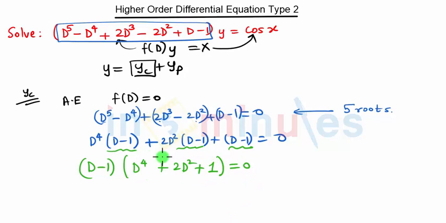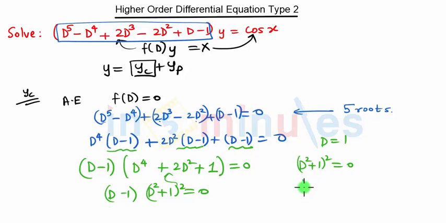So if you observe, this part is nothing but D square plus 1 the whole square. You can expand this, then you will get this term only, and D minus 1 equal to 0. So our one root is D equal to 1 and another root will be from D square plus 1 the whole square equal to 0, which is D square plus 1 into D square plus 1, the repeated roots.